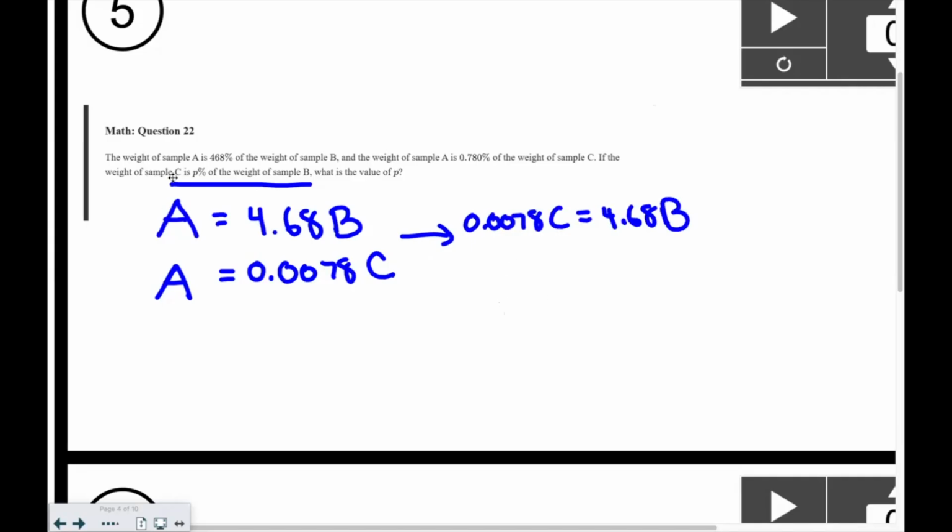And then if I want C by itself, I'm going to divide each side by 0.0078. So C is 4.68 divided by 0.0078, and I get 600.